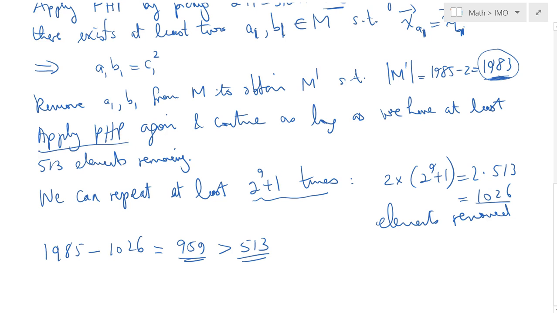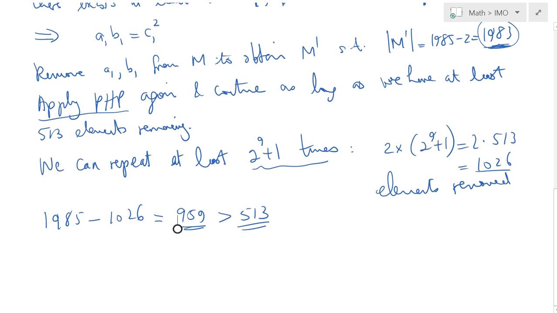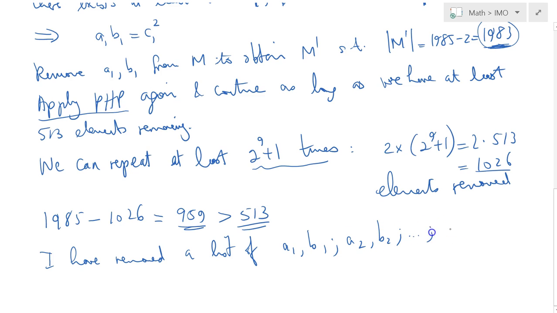So as a result, now I have the following. I have removed a list of a sub 1, b sub 1, a sub 2, b sub 2, up to a sub 513, b sub 513, such that each product is a perfect square.